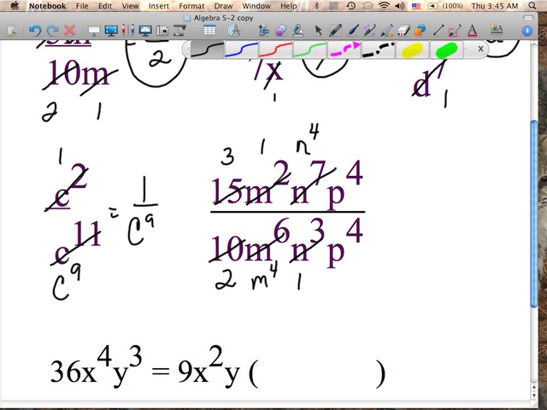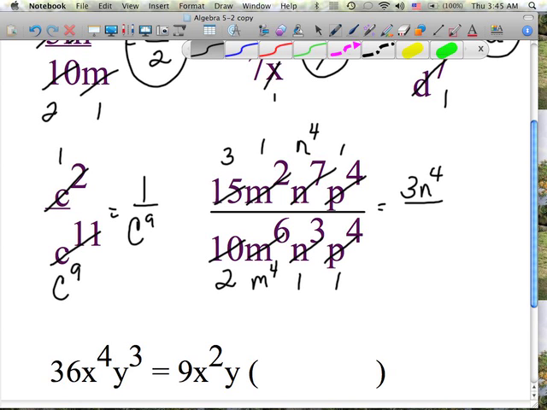And the last part, I can cancel out the p to the 4th and 4 p's on top. So on the top, I have 3 times 1 times n to the 4th times 1, so that's 3 n to the 4th. And on the bottom, 2 times m to the 4th times 1 is 2 m to the 4th.